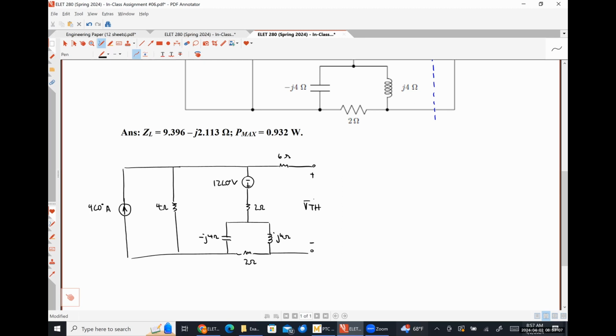Yeah. VTH. We could see the 2 ohms, then it'll be a VTH, which is then in series with that 6 ohm. Looking for a voltage drop across those open circuited terminals.